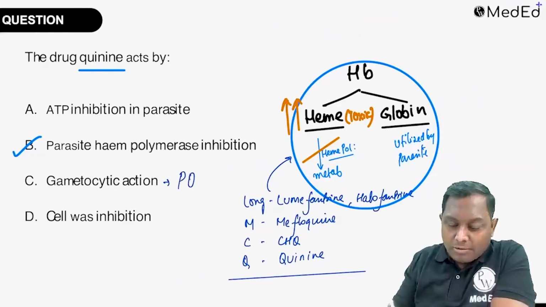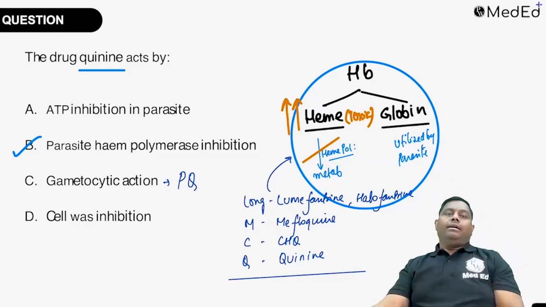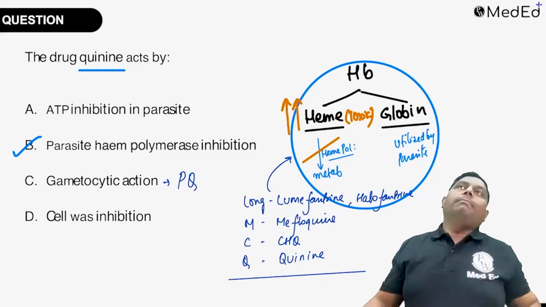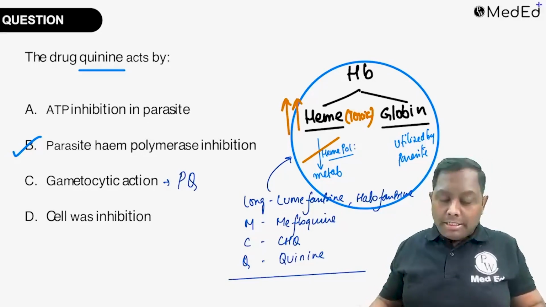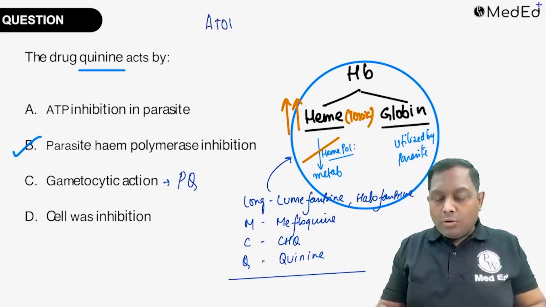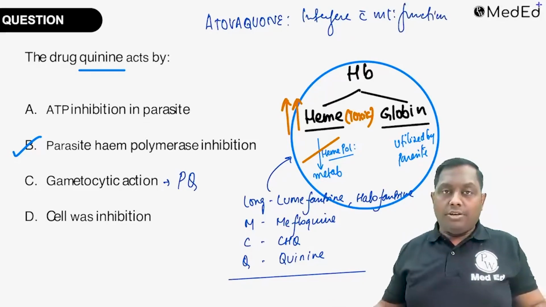Gametocytic will be associated with the primaquine, है ना? Atovaquone inhibits the mitochondrial function. Because mitochondria is the one that is generating the energy. So atovaquone, atto is mito. Atovaquone interferes with the mitochondrial function.